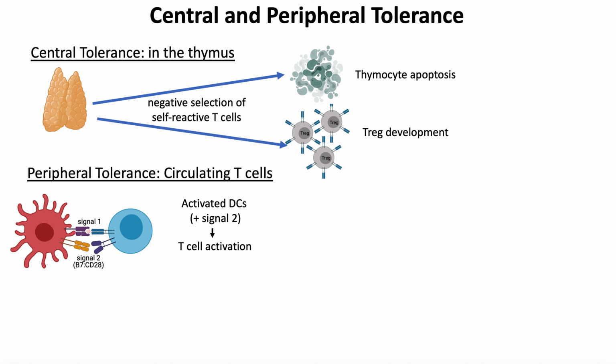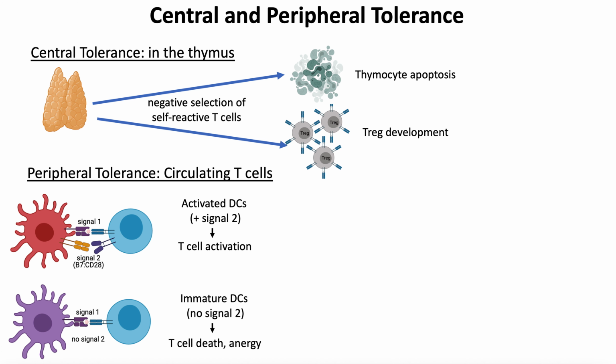But in settings of non-inflammation in which you're not infected, but you're being presented self-antigens, T cells receive signal 1 often in the absence of signal 2, and these antigens are presented to these T cells by immature dendritic cells, and this will lead to one of two outcomes typically. The first is this T cell may die, but the second is that this T cell may acquire a functional state called anergy, in which it has lost the ability to respond to T cell receptor signals.